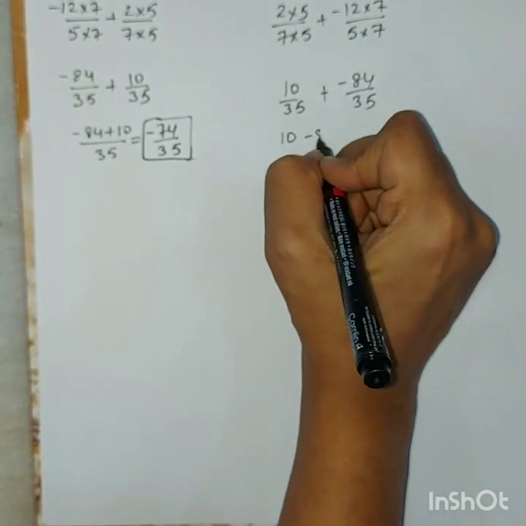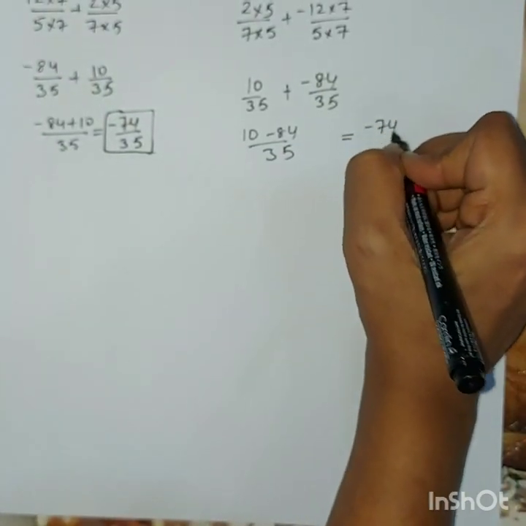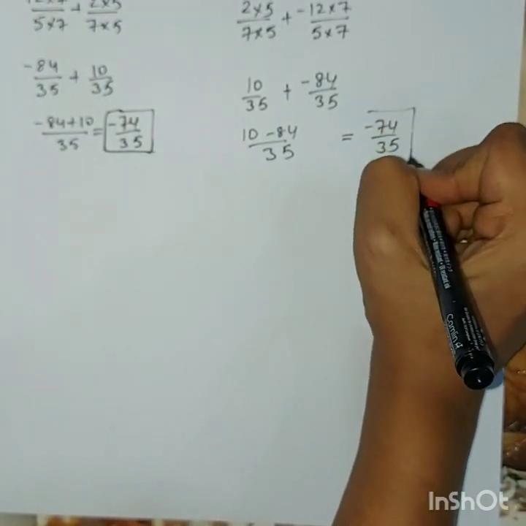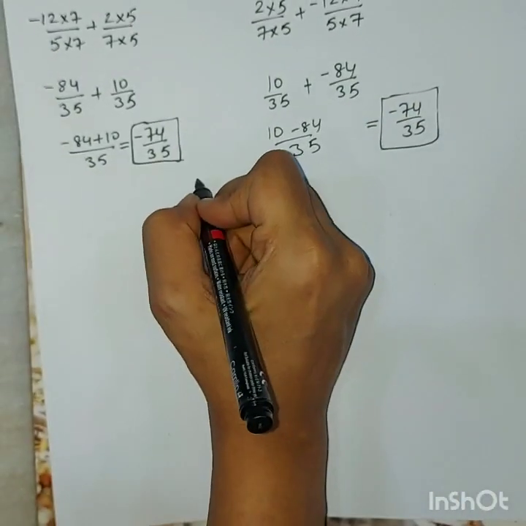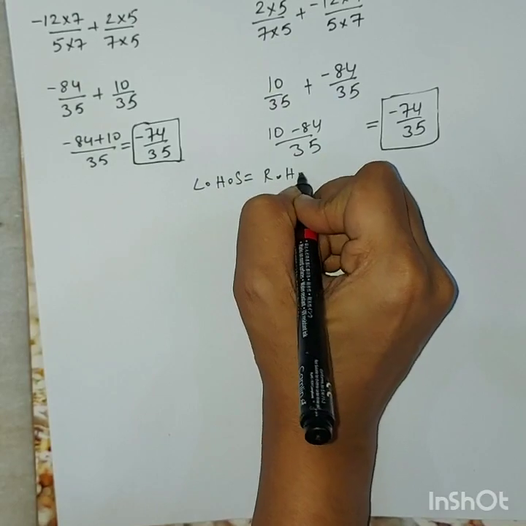So 10 minus 84 upon 35 will give me minus 74 upon 35. So I can say that LHS is equal to RHS.